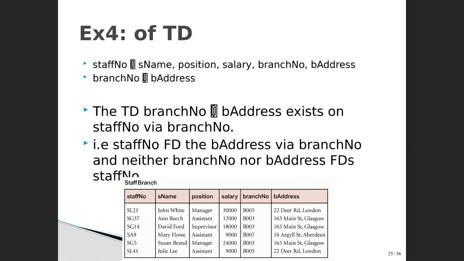Okay, we need to understand the relationship between branch number and branch address. If we have full understanding about the relationship among all the attributes within the relation, then there will be no difficulty in identifying the functional dependencies. So if there is not enough information about the relationship, you need to use your common sense. Think about what dependencies can appear in this relation.